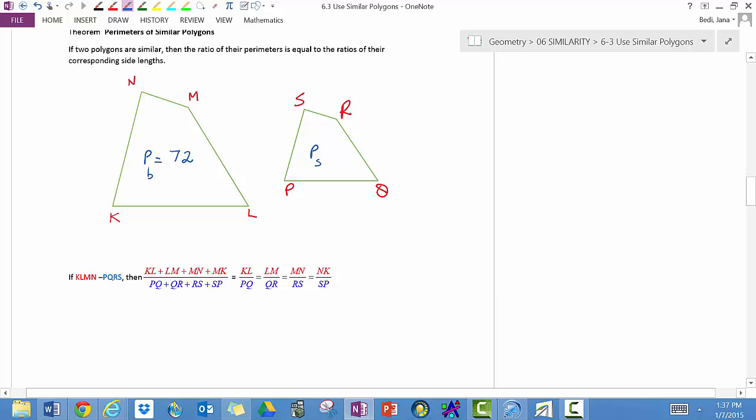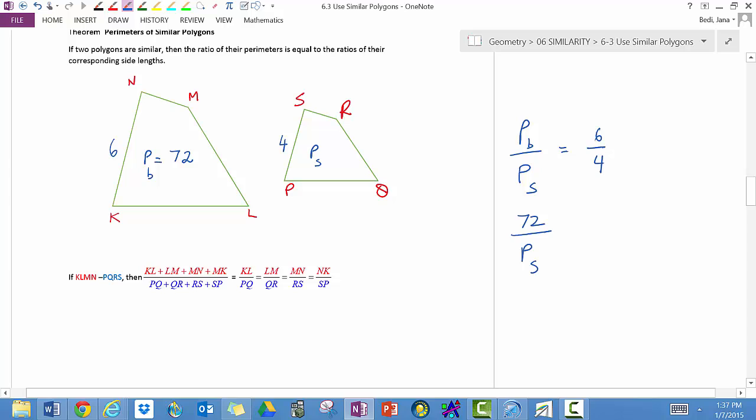Well, let's take the same scale factor as before. If this is 6 and this is 4, what we are saying is that the perimeters, so PB over PS, is going to be the same as the scale factor, which is 6/4, and PB is 72.